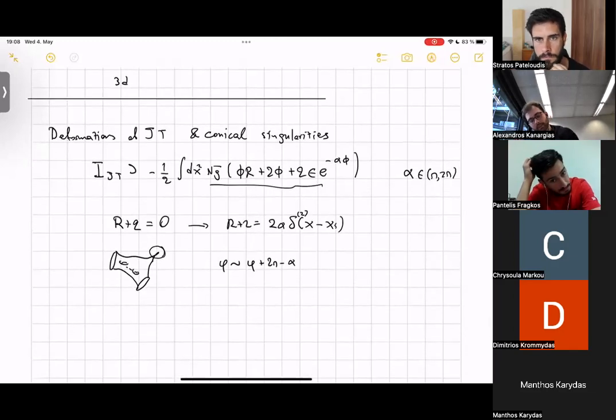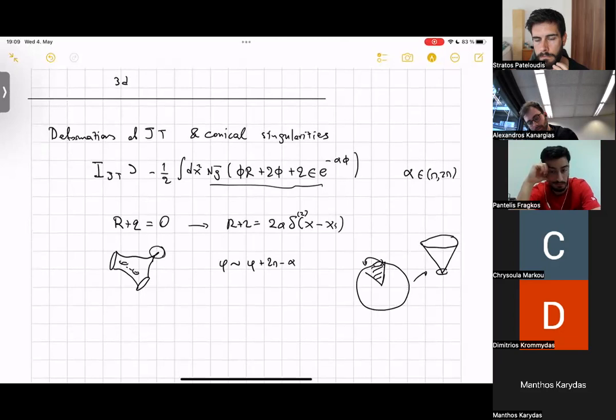A way to imagine this is if you have a disk or a piece of paper and you cut it here, and then you glue these things together, you get something like a cone, and you develop a singularity here. And fortunately for these values of alpha, these things are still calculable by these recursions that I mentioned.